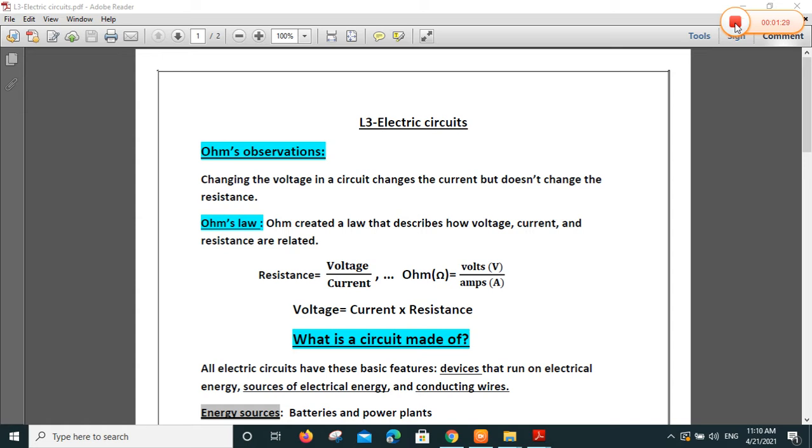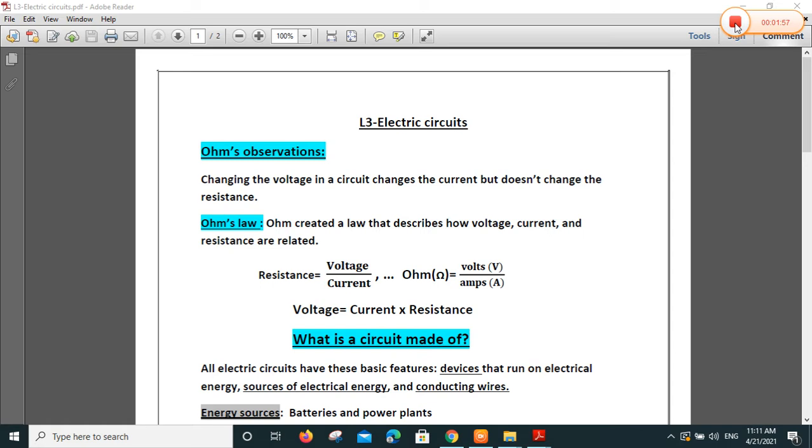So Ohm observed, or found, that current, voltage and resistance in a circuit are always related.